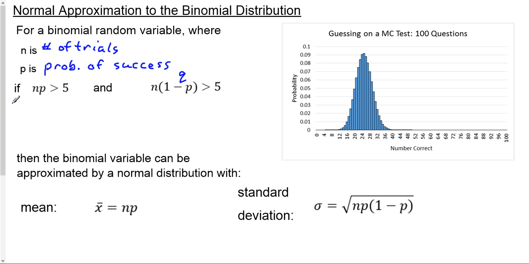So what does np represent here? np, of course, is the expected value for our binomial distribution. So this is the expected number of successes.